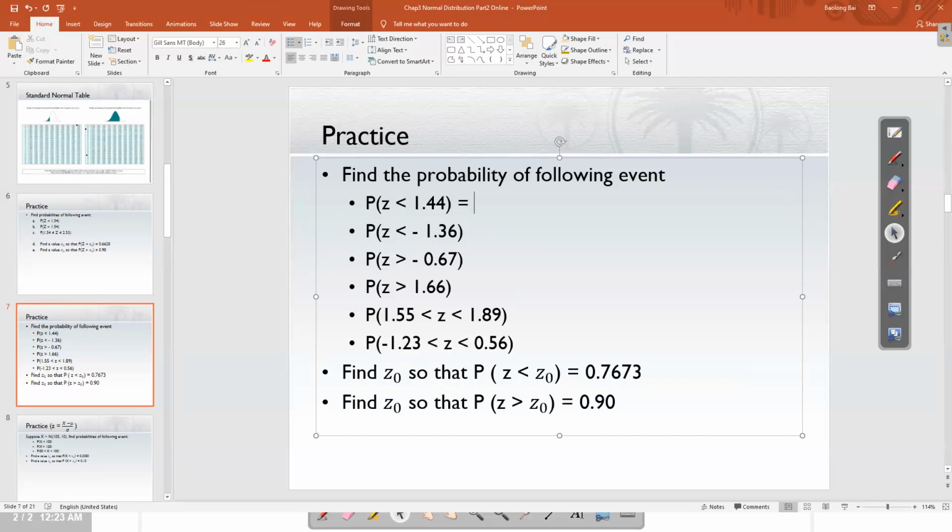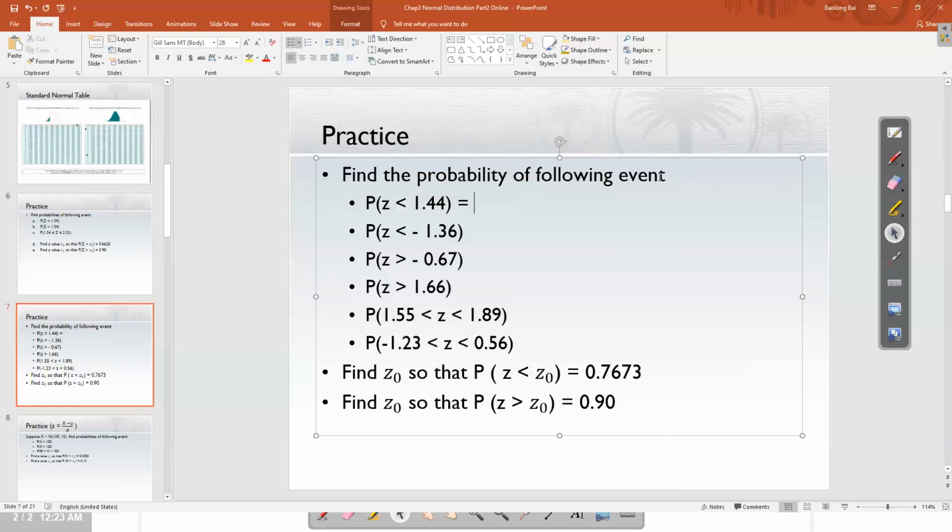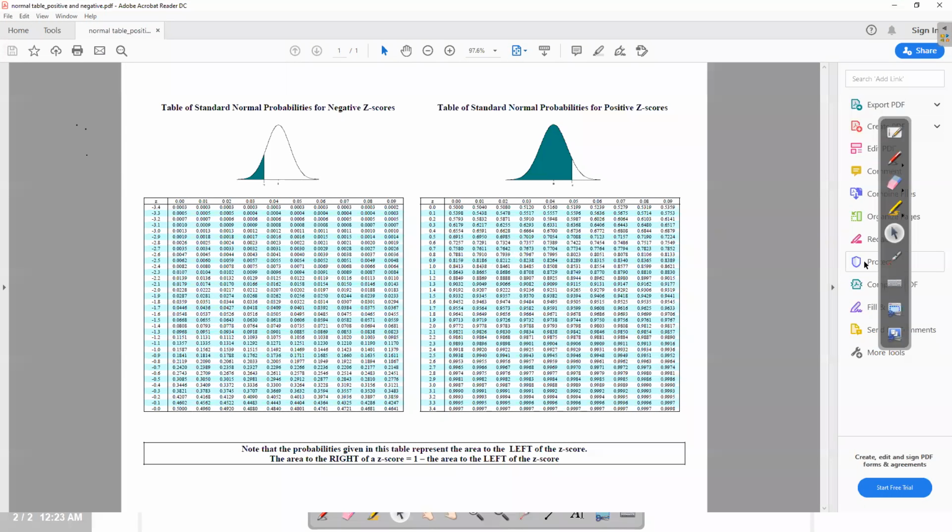So let's look at this. For the probability of Z less than 1.44, you have a less than sign, which means it's consistent with the Z table layout. When you look at a Z table, it's a less than sign, so we can just look it up as is. The z-score is 1.44. We go to the Z table, find 1.4 and 4.